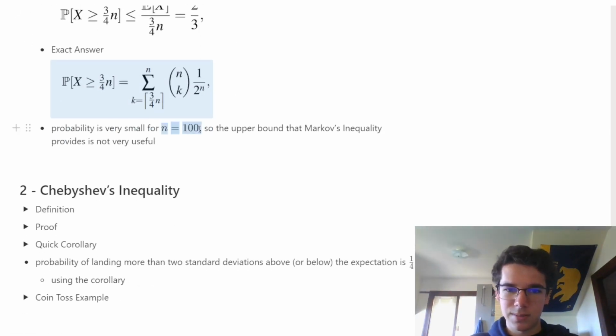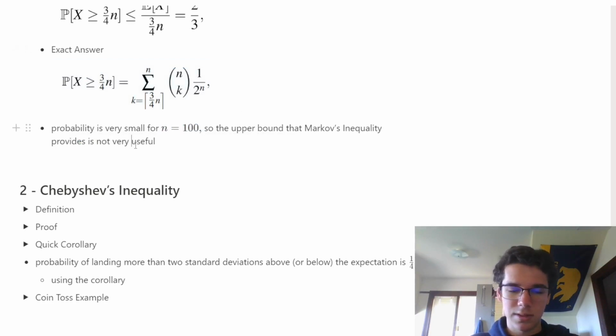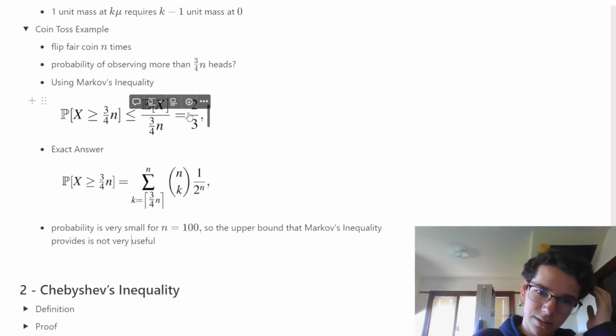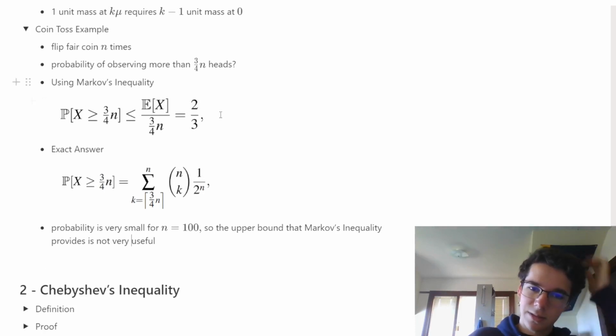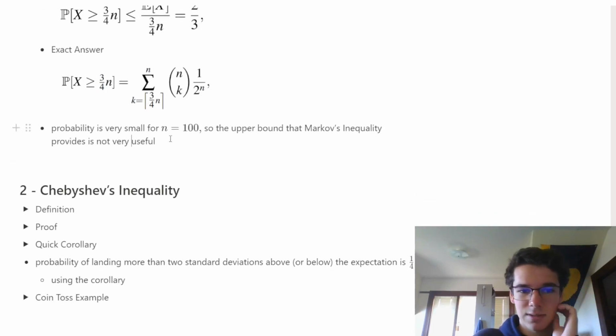It's actually very small for 100 flips. So the upper bound that this provides, sure, the probability is going to be less than or equal to 2/3, but it's going to be far less than 2/3. So it's not super useful.